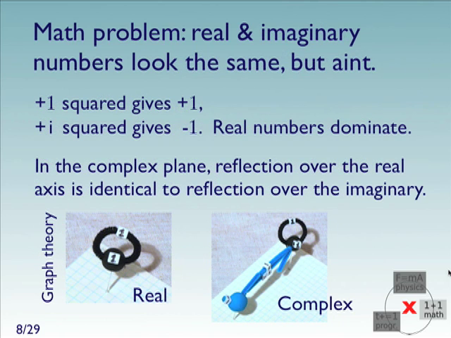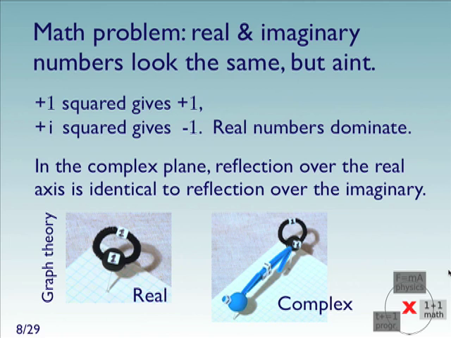Now, there's another math problem that you might actually be able to relate to, and that is that real and imaginary numbers look the same in the complex plane, but they clearly are not the same. If we take 1 and we square it, we get plus 1. If we take I and square it, we actually get back to the reals, minus 1.